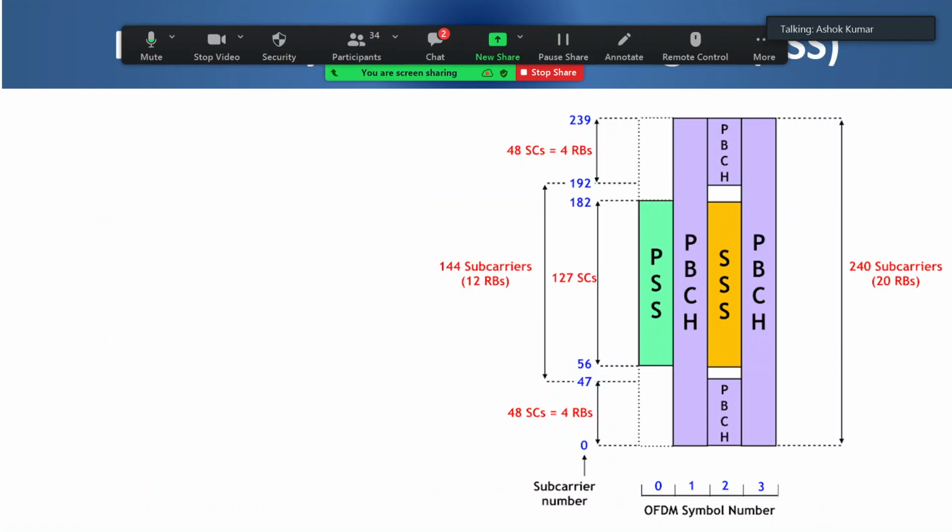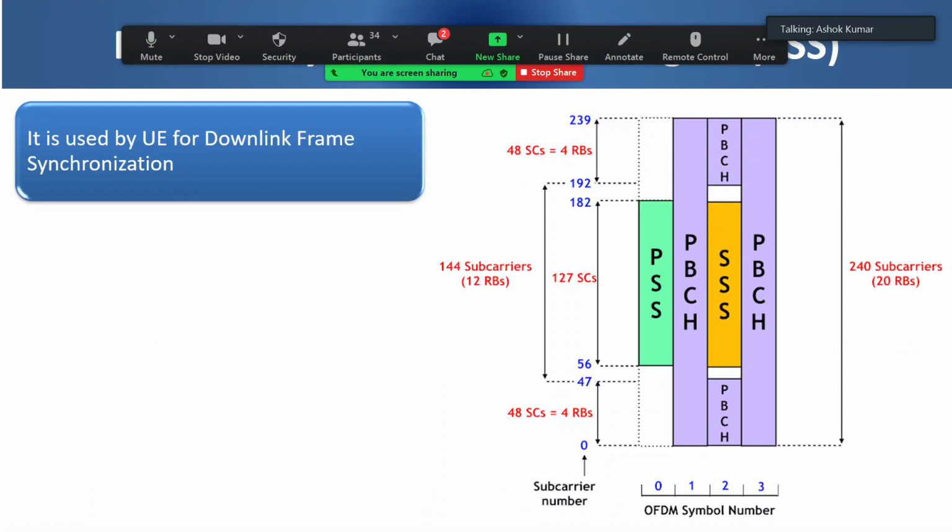Now let us look at the primary synchronization signal, PSS. For what purpose are these synchronization signals used?